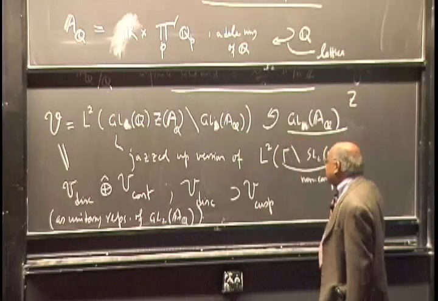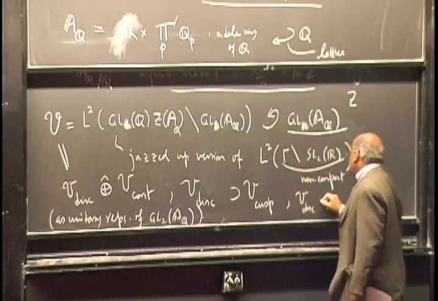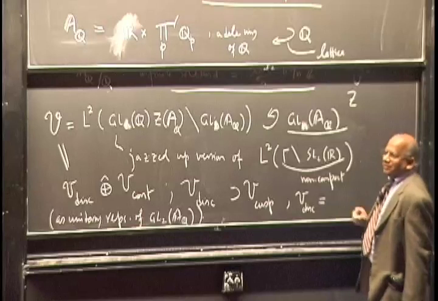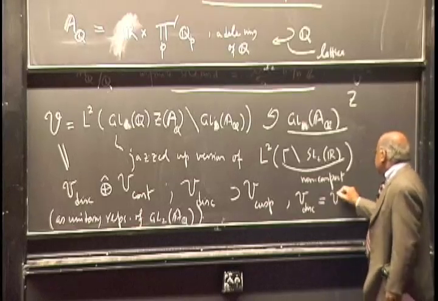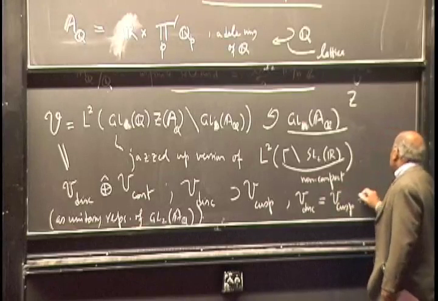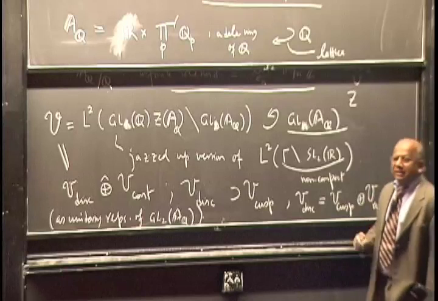So it's all true. And in fact, maybe I should mention here that since you have given a prize to Langlands, I should say that the V discrete in fact has 2 parts, the cuspidal part and what is called the residual part. They come from residues of Eisenstein series.